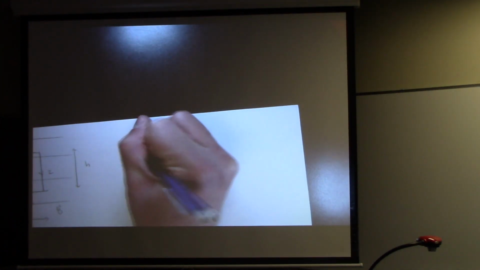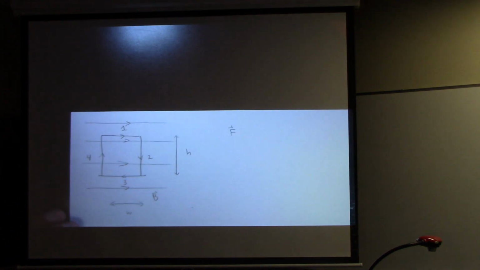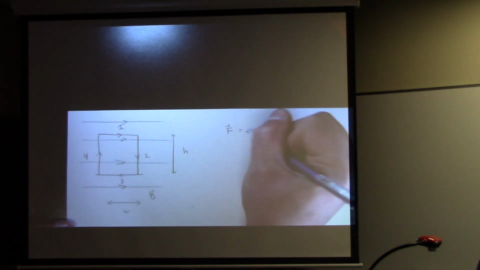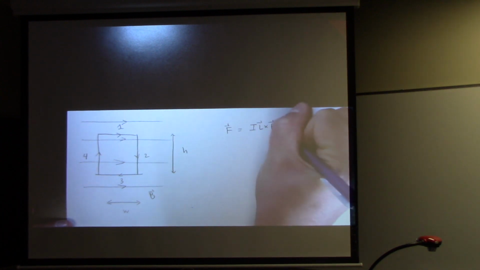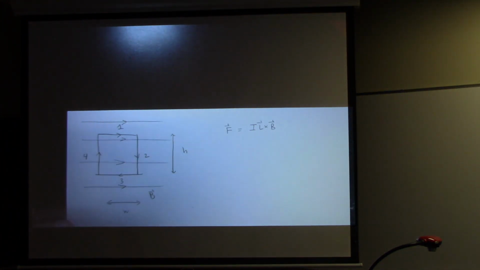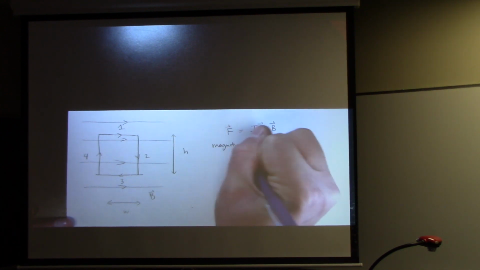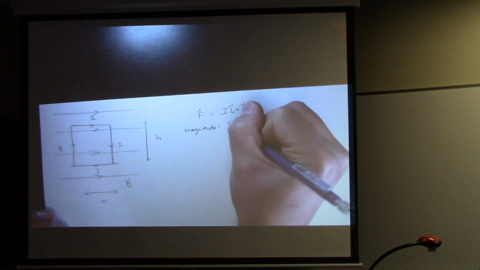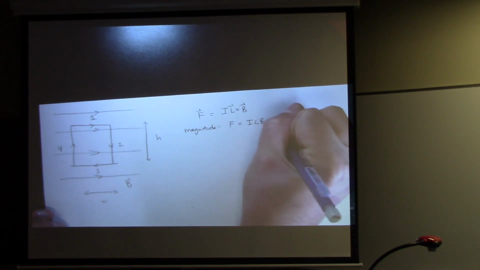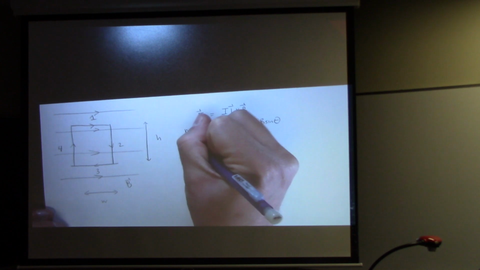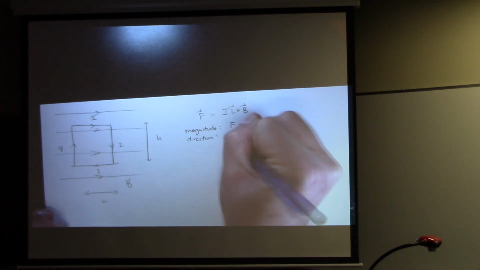The force on one of these segments of wire, F, is equal to I L cross B. And of course, we can think about this in terms of magnitude, where the magnitude of the force would be I L B sine theta, and the direction would be given by the right-hand rule.